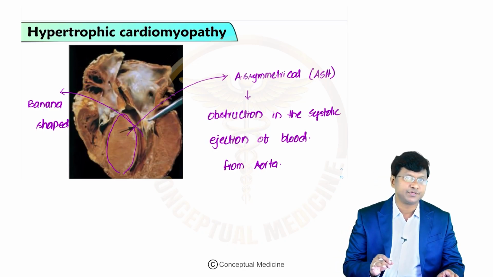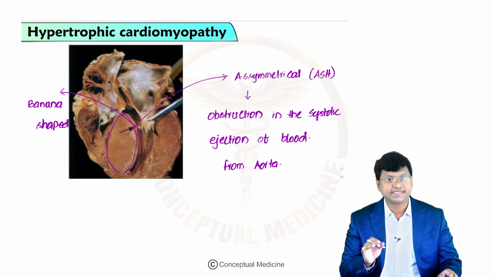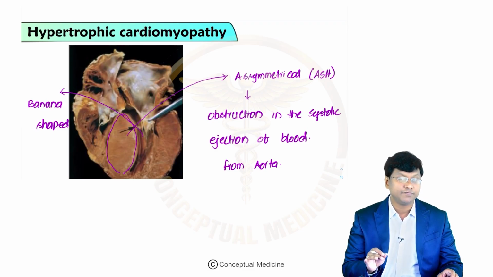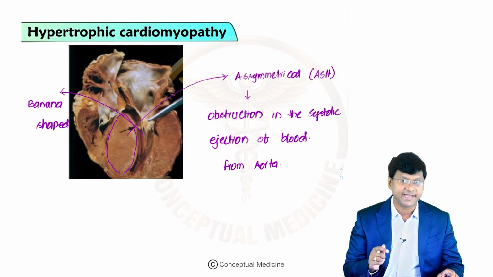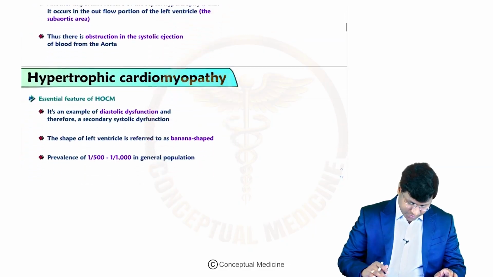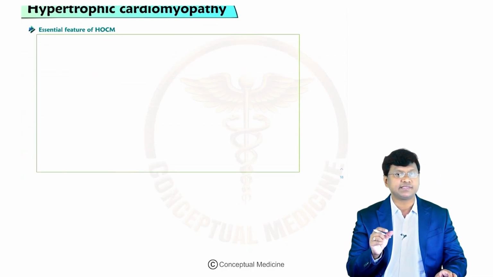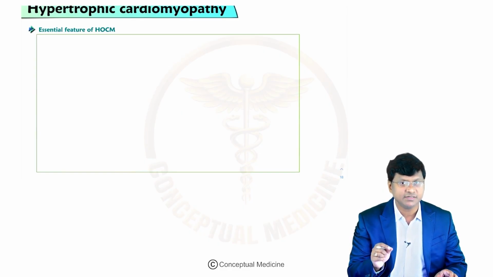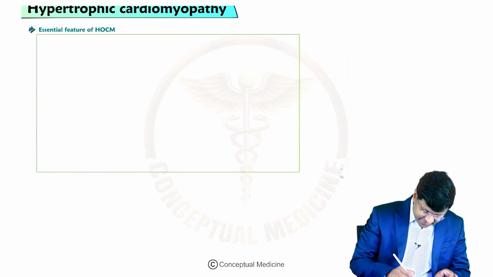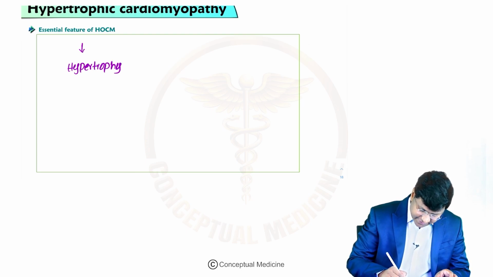And in these patients with hypertrophic cardiomyopathy, there is an increase in the thickness of the cardiac muscle. Because of that, the hypertrophied muscle becomes stiff.